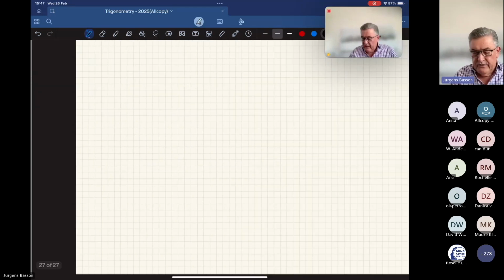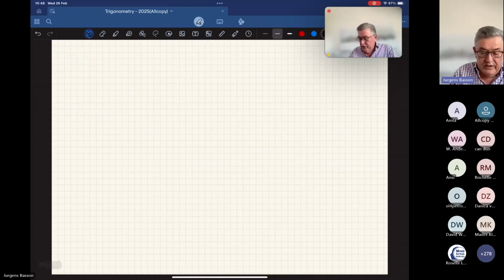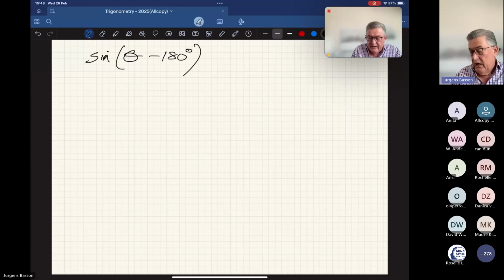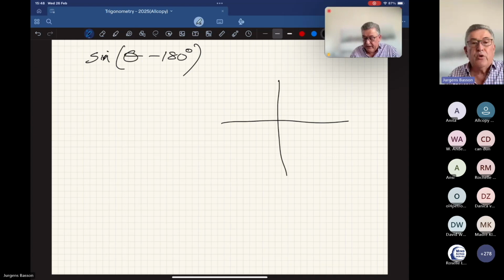I hope you don't mind if I quickly show you something else. If I quickly go back to the sine of theta minus 180, I showed you this with negative angles. I also showed you to do this with algebra, the sign change, or you can do it graphically. Because we want to know the sine of this angle, in which quadrant is this theta minus 180? So let me draw a Cartesian plane. You all know the angle theta is in the first quadrant.